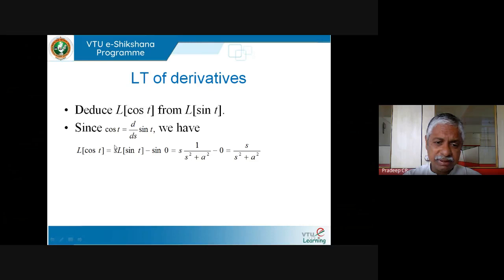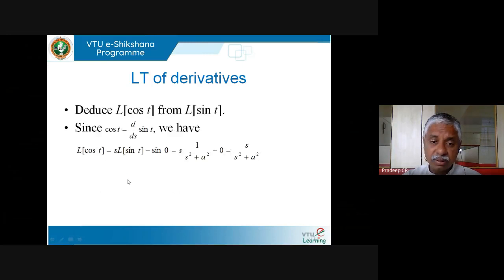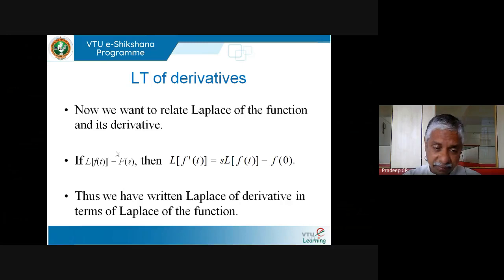So if you take f(t) to be sin t in this formula, then capital F of s is 1 by s square plus a square.